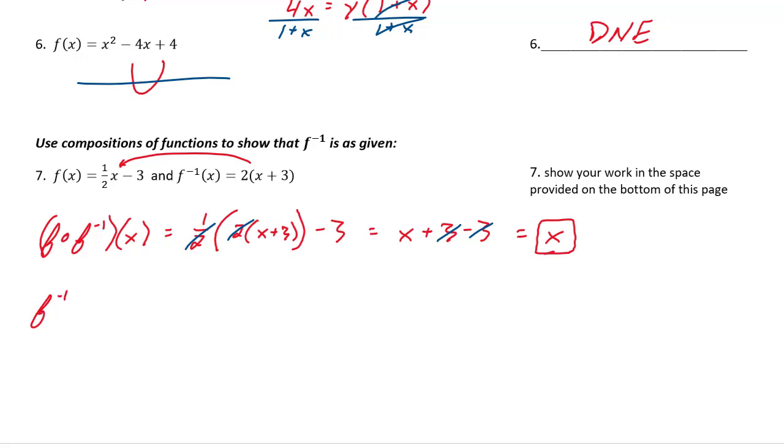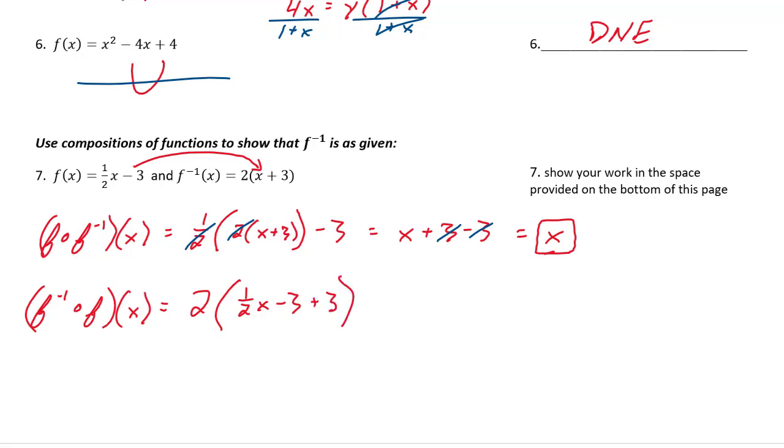Now I need to do the other possible composition, which is f inverse of f, so basically just switching the order up. So that means now the function on the left is going to go in place of the x that I see on the right. So this will start with a 2 parenthesis, then I've got 1/2 x minus 3, and then plus a 3 inside my parenthesis.